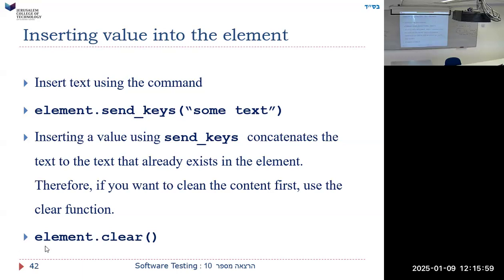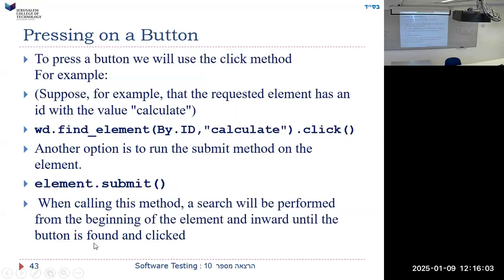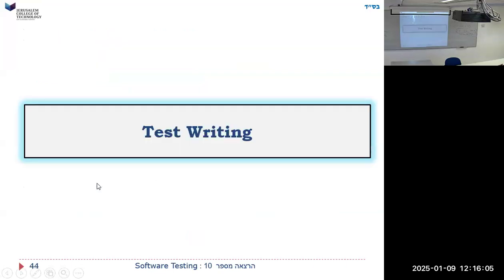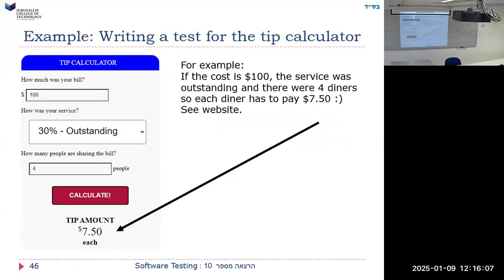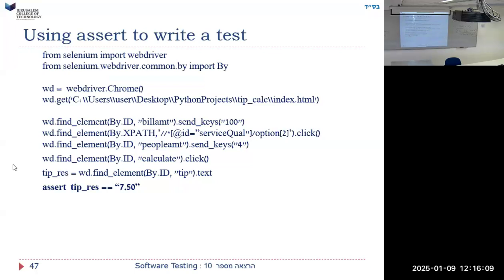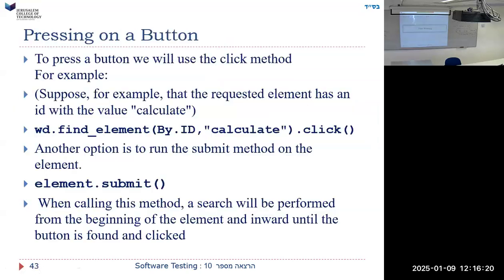I think you're saying to be safe, you might want to do a clear first. I'd like to see an example. I think we're going to see an example. They didn't do it, but okay, fine.